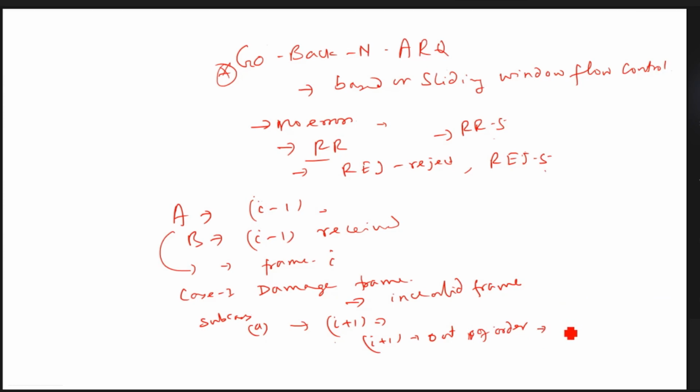And it will send the reject frame, the negative acknowledgement, REJ I. This acknowledgement will be sent by the destination station. Say A is the sending station, and B is the destination, the receiving station.